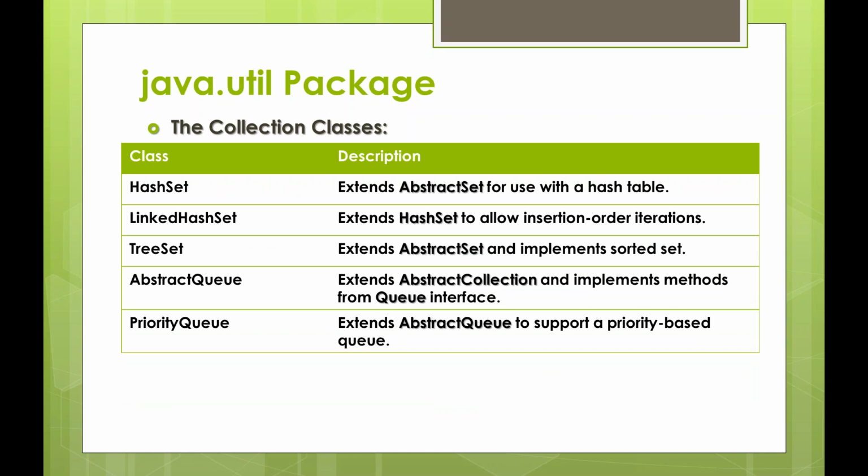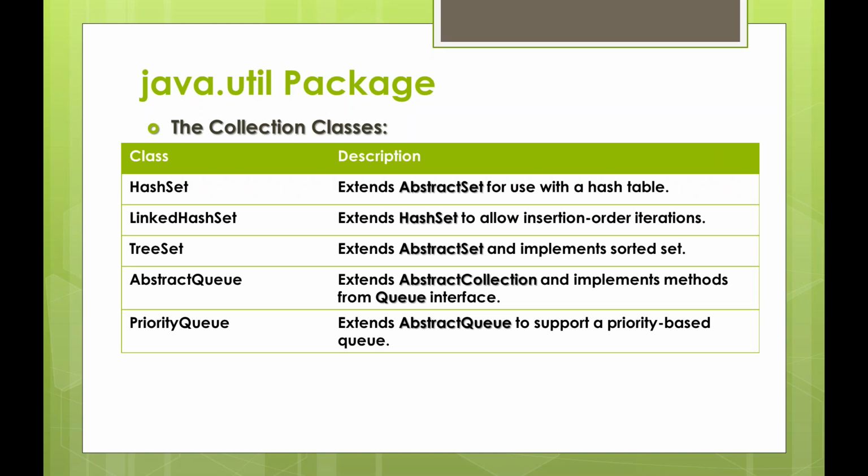Apart from those, we have HashSet, which extends AbstractSet and implements a hash table, which stores elements in the form of a hash table. We'll see what those hash tables are. A hash table stores values in the form of key-value pairs, where the key is generated using something called hashing. Then LinkedHashSet extends HashSet, but it allows you to iterate over the elements stored in the collection in insertion order, the order in which you inserted elements in the HashSet.